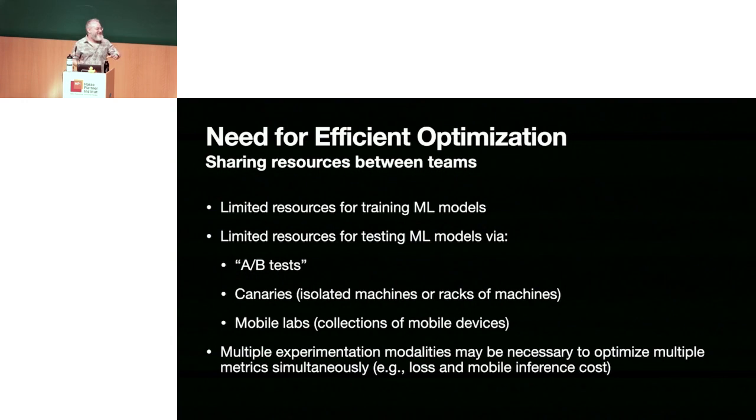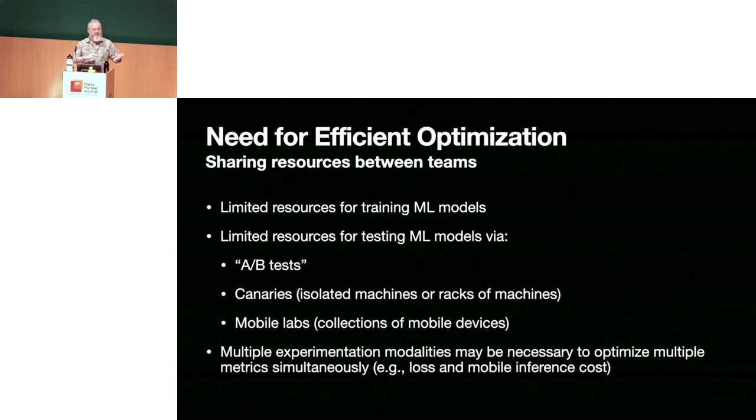So it's not just universities that don't have enough GPUs. It's also these large companies don't have enough GPUs. And so we need to make efficient use of those GPUs for training, or in some cases, CPUs might be faster. We also have limited resources for testing the models.